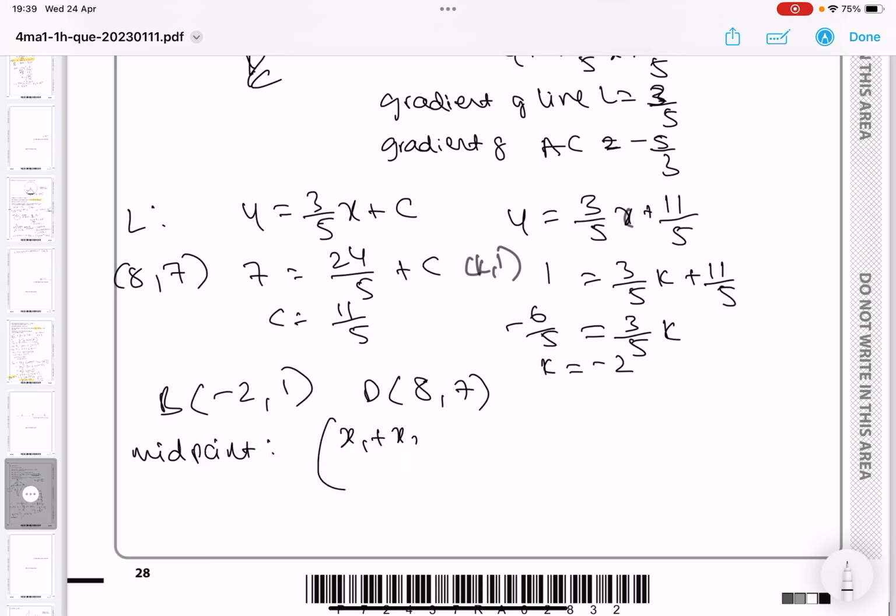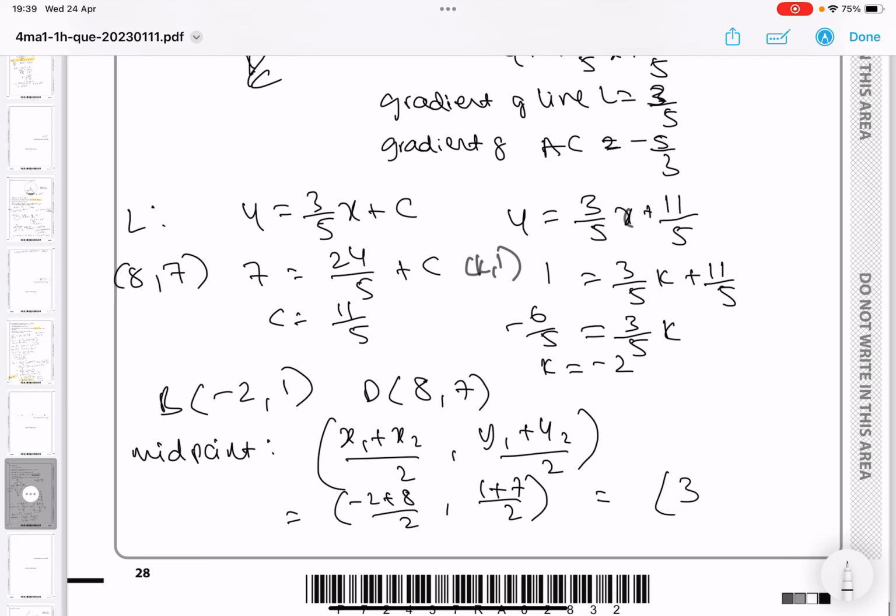You add the x values and divide by 2, and you add the y values and divide by 2. That's how you work out the midpoint. So minus 2 plus 8 divided by 2, 1 plus 7 divided by 2. And that will give you a midpoint of 3, 4. So the midpoint is 3, 4.